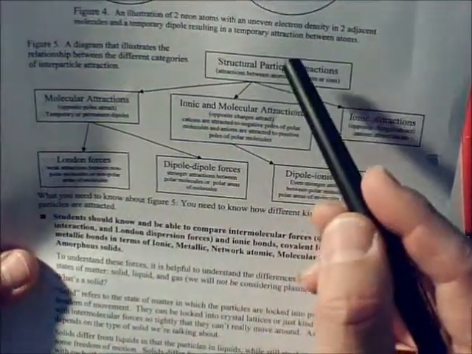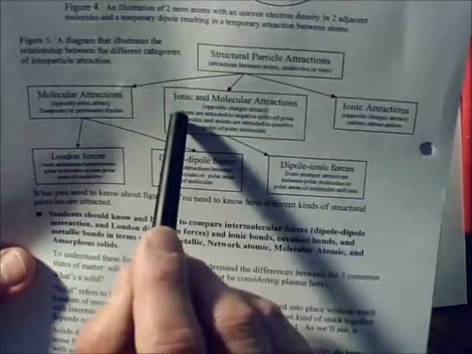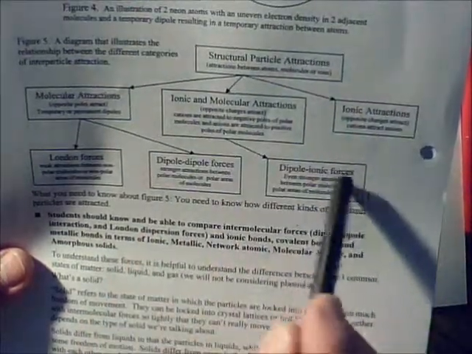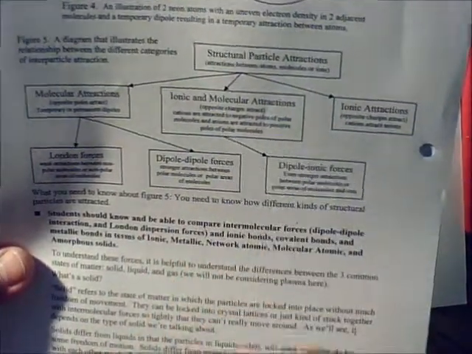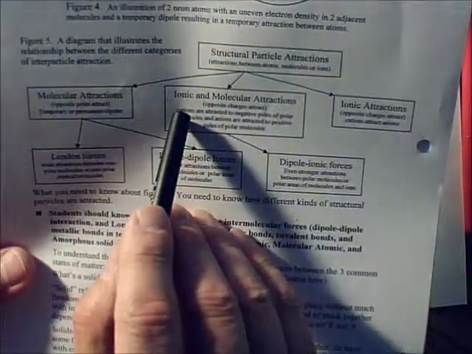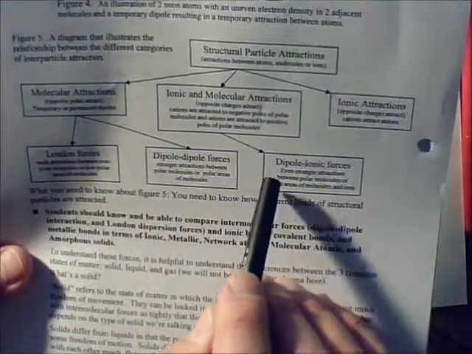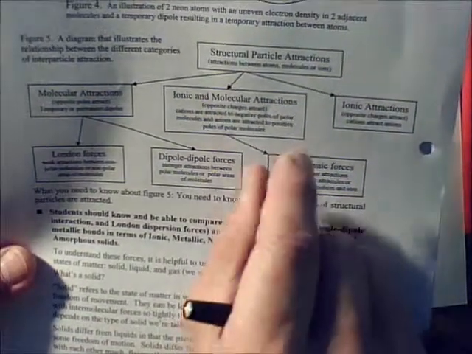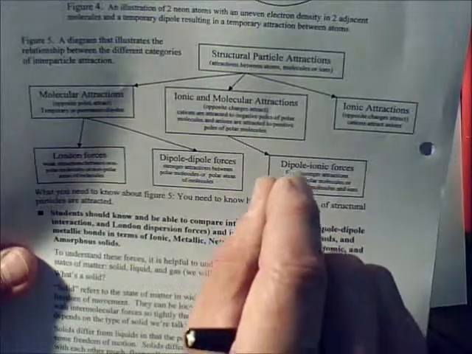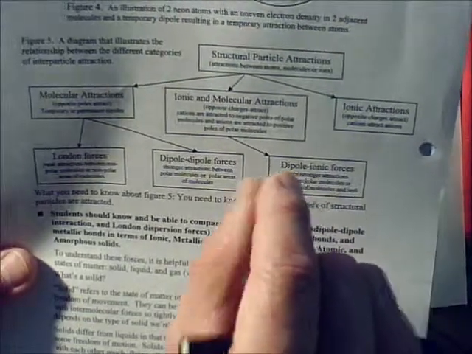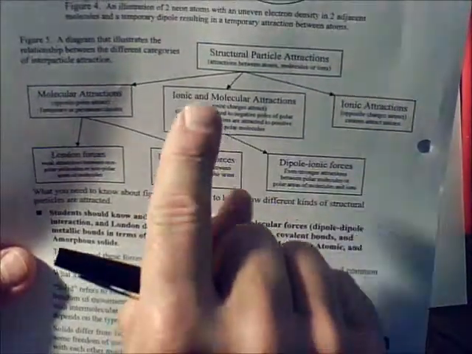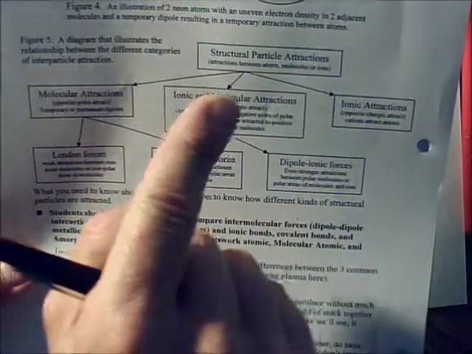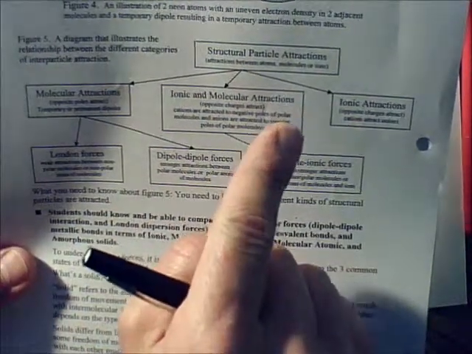The kind of particle attraction between a molecule and an ionic substance is called a dipole ionic force. So when we dissolve salts in water, they dissolve because those charged particles are attracted to the polar ends of water.